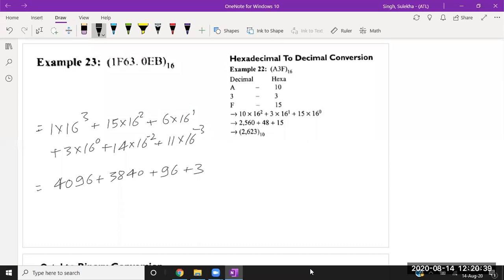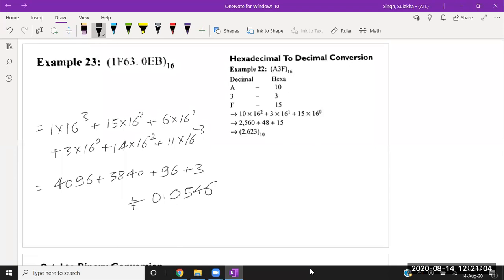Is that clear? While solving 16 squared into 14, some of you have written 0.05 for this, some of you have written 0.054, and some of you have written 0.0546.